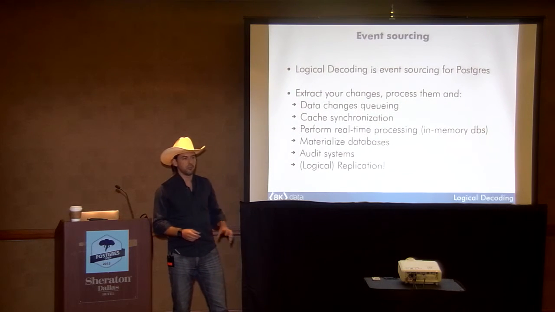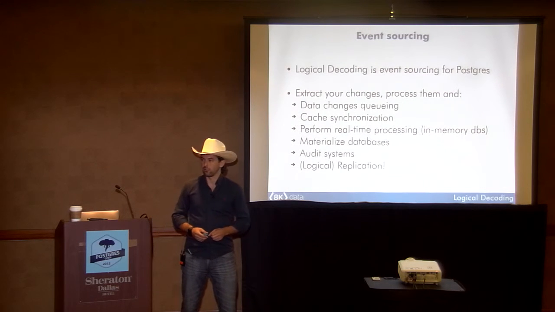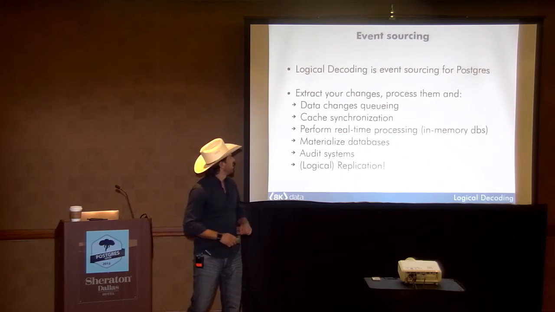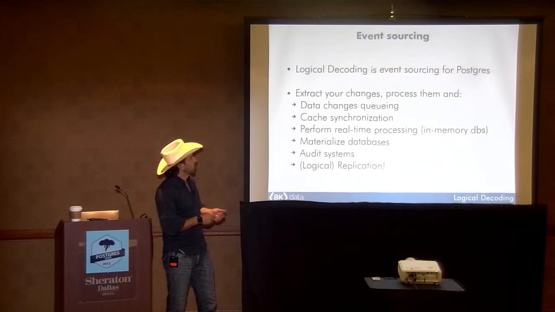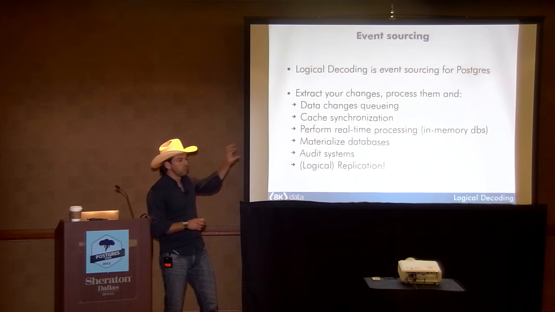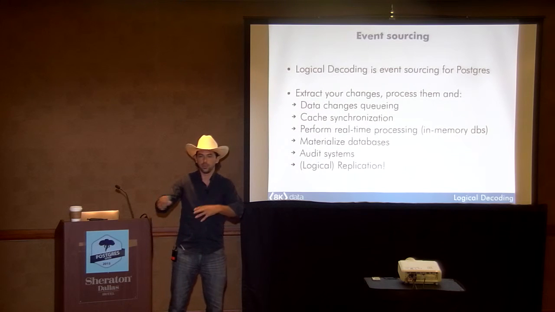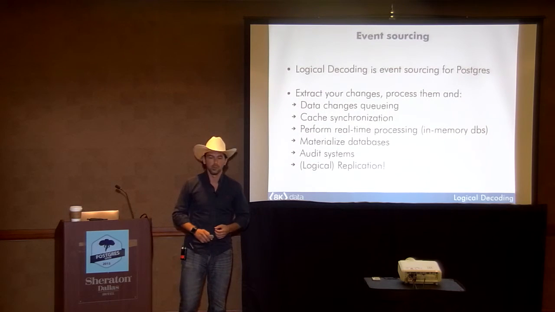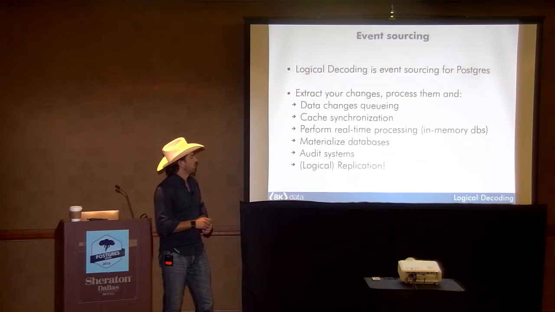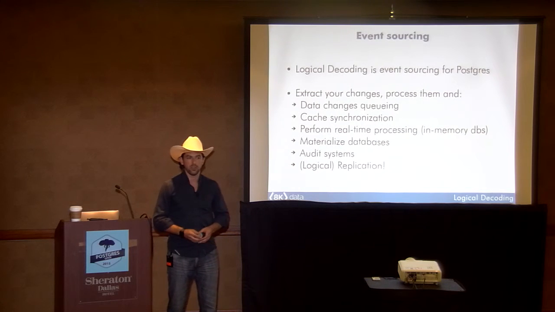Event sourcing allows you to introduce new data architectures that are very loosely coupled. For example, you can extract your changes and push them to a queue, so that the queue will be consumed by other consumers. Or you can use this mechanism for cache synchronization.